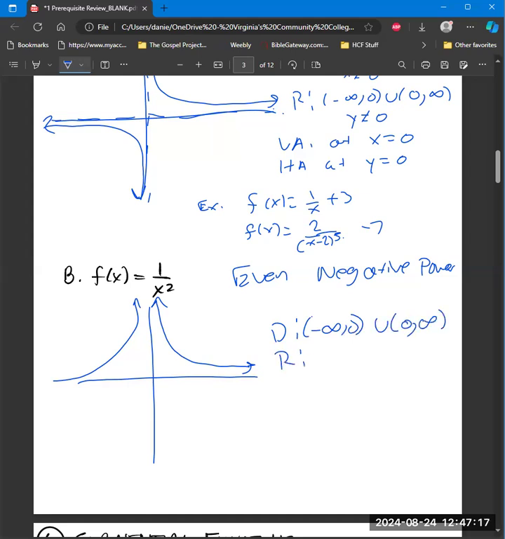My range here is going to be 0, not included, to infinity. And examples here would be things like y equals 1 over x squared plus 3, and y equals 1 over x plus 2 to the 4th plus 9. They'd be based off of those.